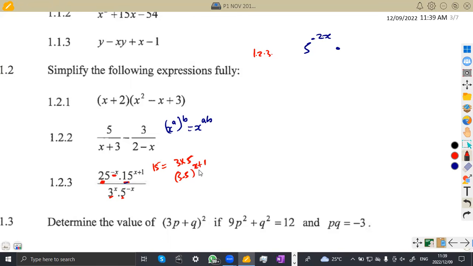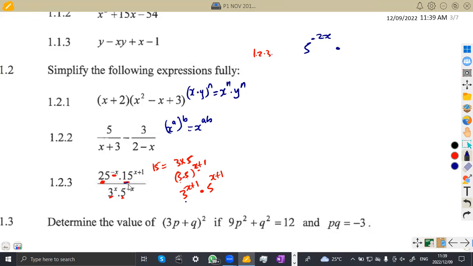So the 3 is going to be raised to the exponent of x plus 1, which is the same way as 5, it is going to be raised to the exponent of x plus 1, from the law that (xy) raised to the exponent of n is the same as x to the exponent of n times y to the exponent of n. So that is the same scenario that we have.